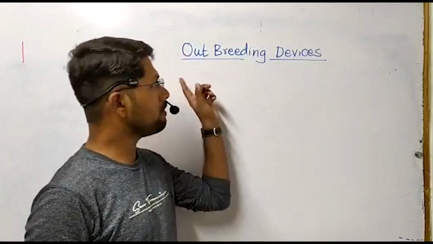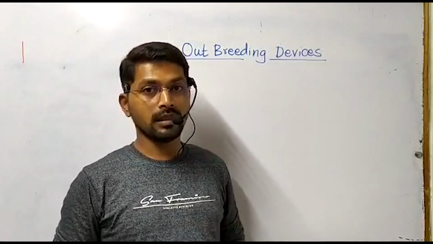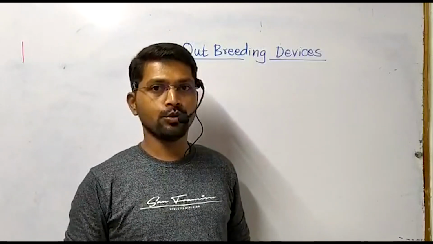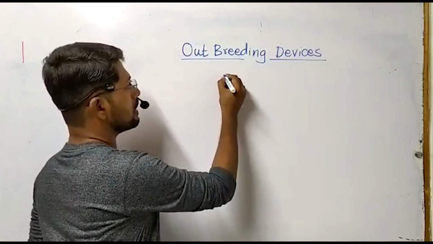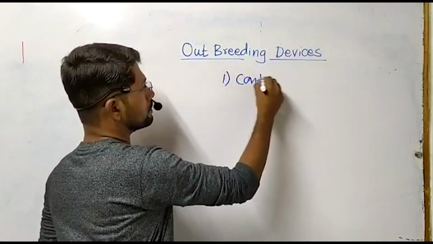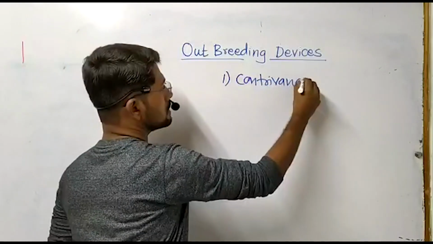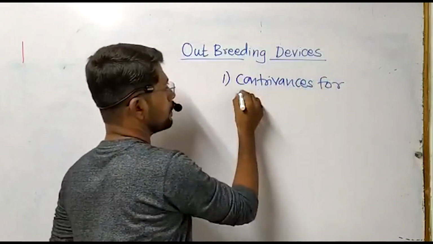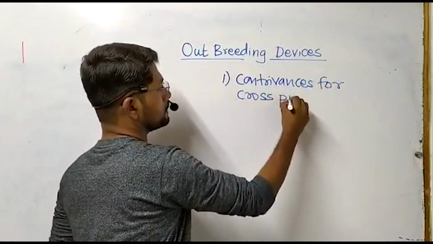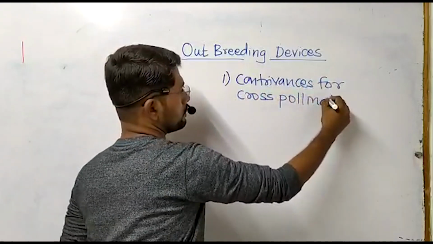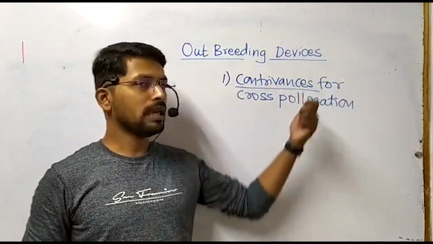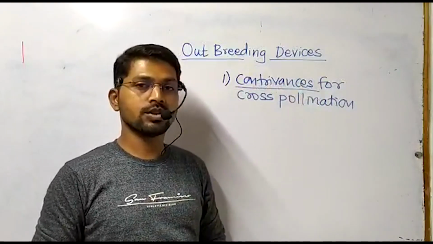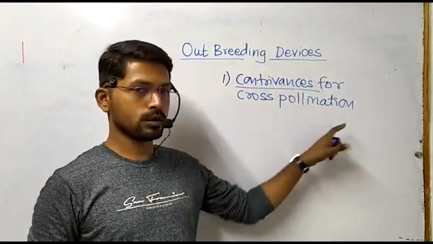Now, these outbreeding devices are developed in the plants to favor cross-pollination, and therefore outbreeding devices are also called contrivances for cross-pollination. A contrivance is nothing but a structure which is developed to favor cross-pollination.